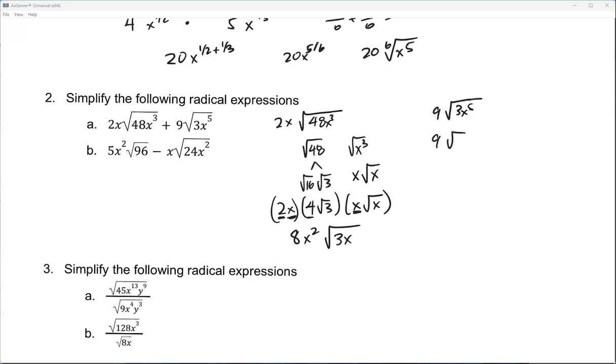You can't really do anything with that, but you could do something with the x to the 5th power, which is x squared radical x. So when you multiply this all out, it would be plus 9x squared radical 3x. And since they are like terms, it is 17x squared radical 3x.